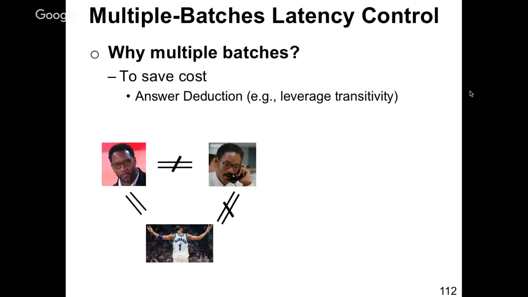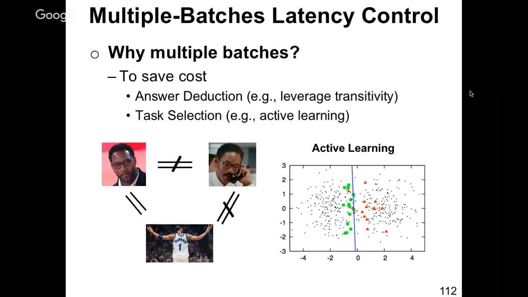The ideal way is you publish this task, and the crowd tells you they are not the same. You publish this task, and the crowd tells you, okay, they are the same. Then you don't have to publish this task, because you can deduce its answer based on transitivity. Similar for active learning, it's also an iterative workflow.